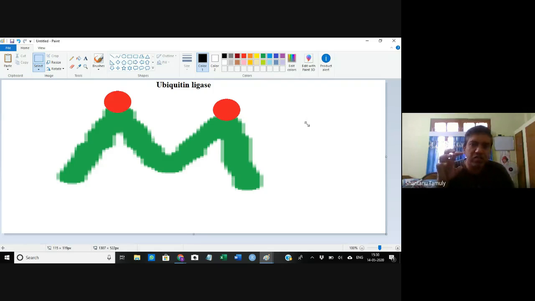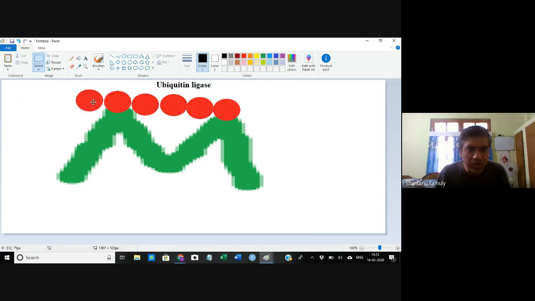That means the ubiquitin has affinity for the hydrophobic amino acids, only those which are exposed outside. So in this example, the hydrophobic amino acids are exposed outside, so ubiquitin ligase will put the ubiquitin over here. And then this ligase will make a chain, a polymer of the ubiquitin, forming a ubiquitin chain over here.